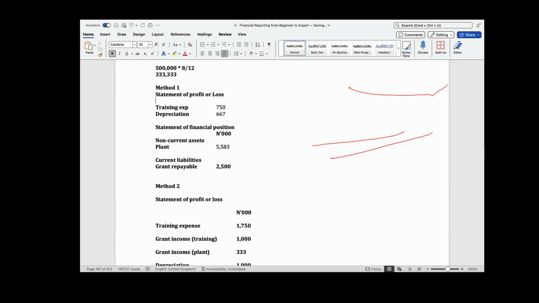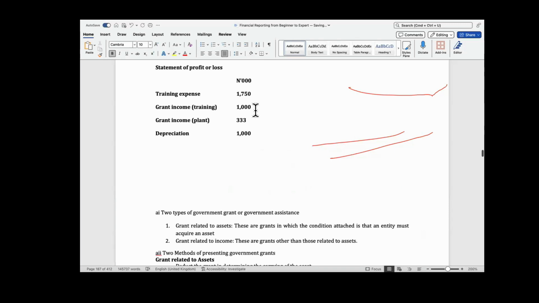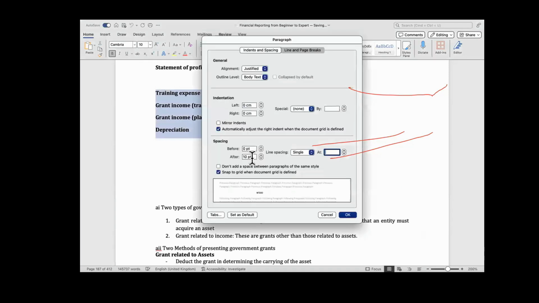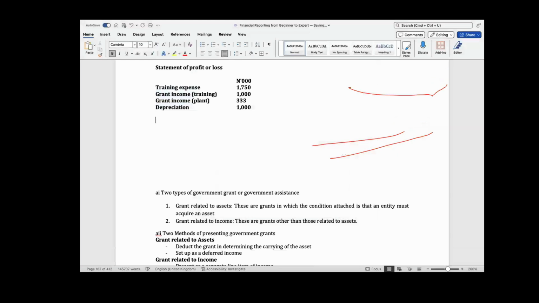Okay. So again, my statement of, just to separate the ones that are income and the ones that are expense, let me put those ones as expense in jackets.